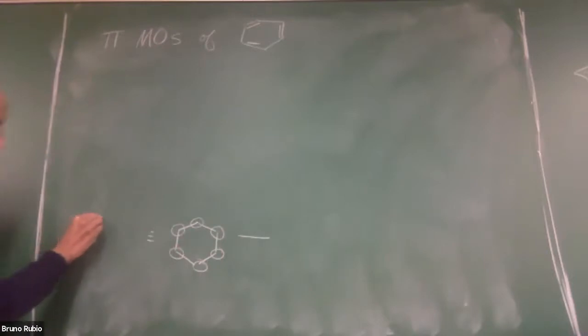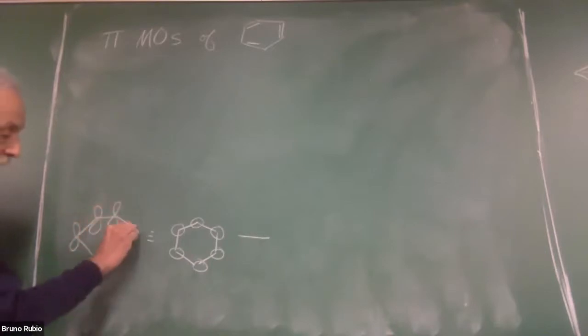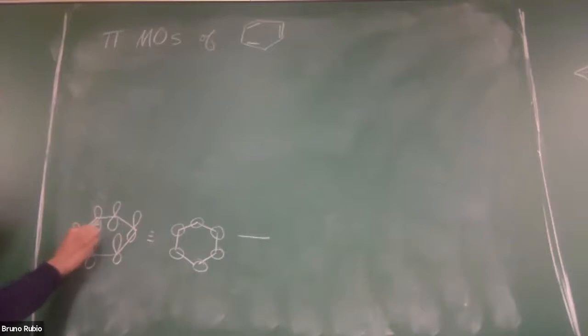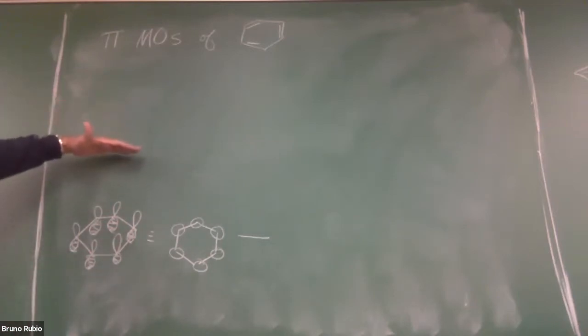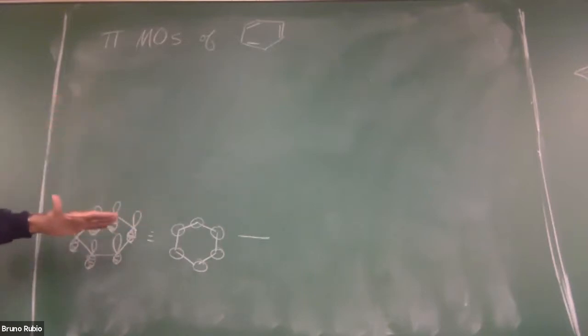This is the very same thing, but I don't want to keep drawing it this way because it's going to take forever, and this is going to be ugly and messy after a while. That's the very same thing as that. 0 internuclear nodes. The next highest molecular orbital is going to have 1 internuclear node symmetrically disposed.